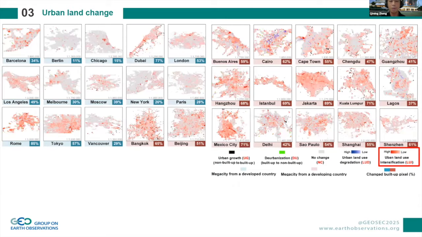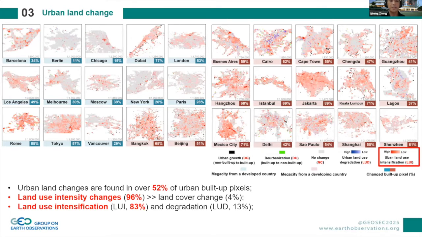Here I present all the results for 30 selected megacities. The black and green pixels indicate urban growth and deurbanization, while the blue and red pixels indicate urban land use degradation and intensification, and the darkness of the blue and red color indicates the magnitude of urban land use intensity changes.